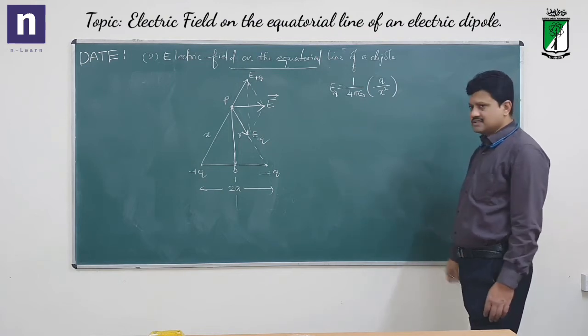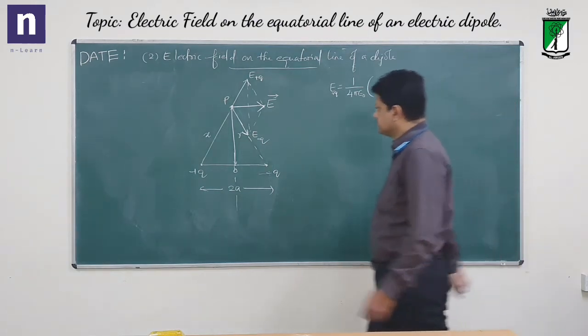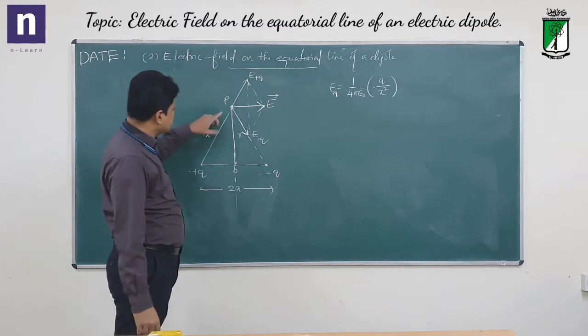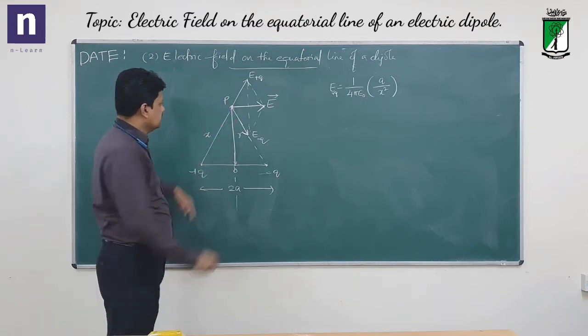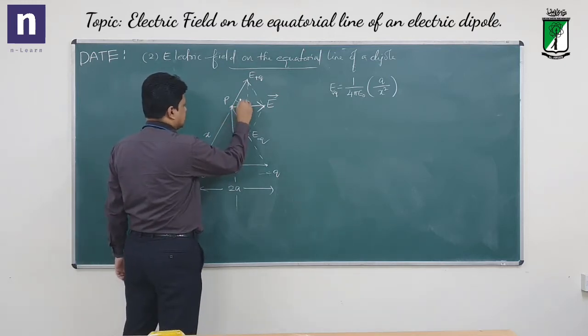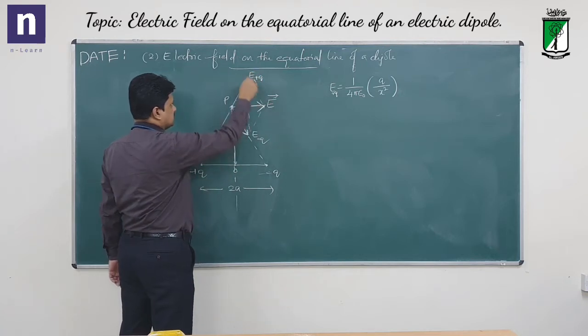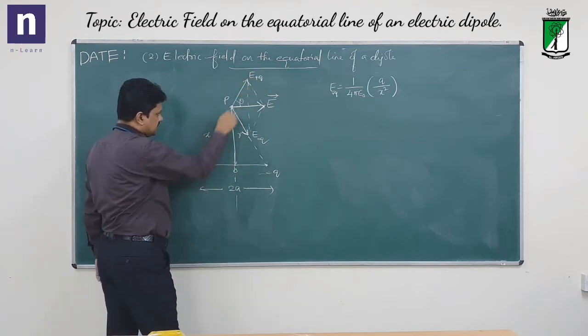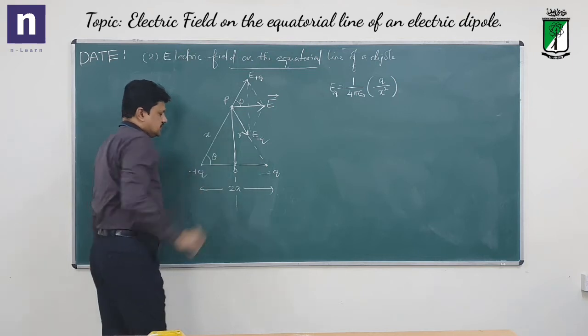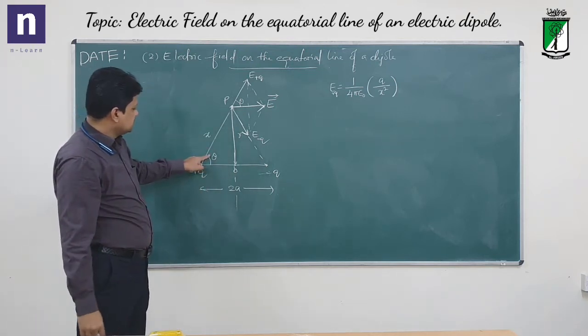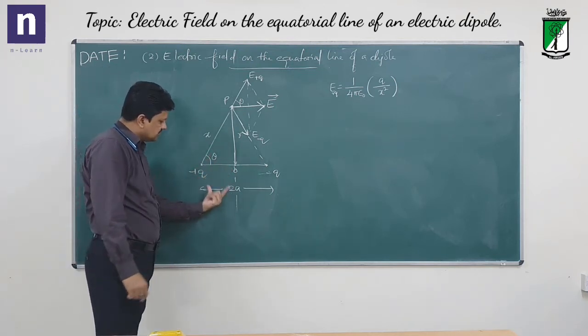Now what is this x? x can be found from this triangle. Say this angle is theta, between E plus Q and E, and the same way here also it is theta. Then what is this distance? It is half of 2a, that is a.